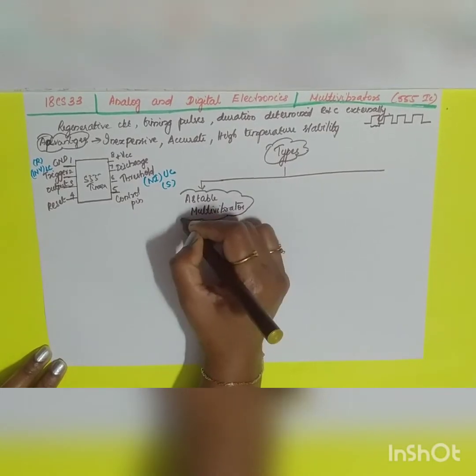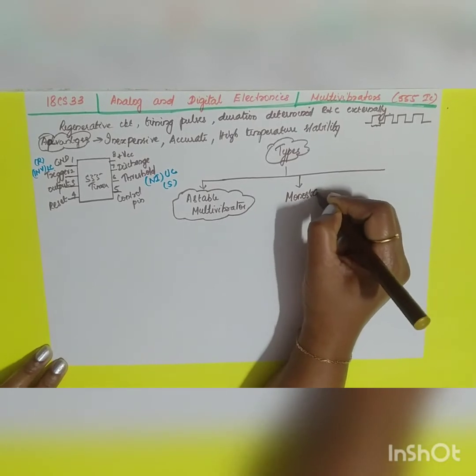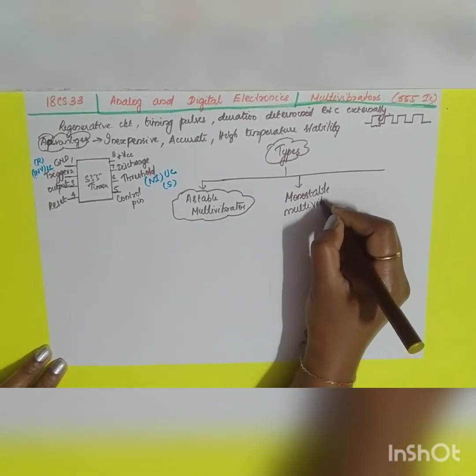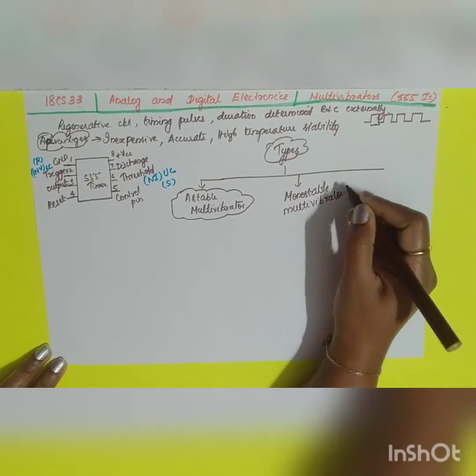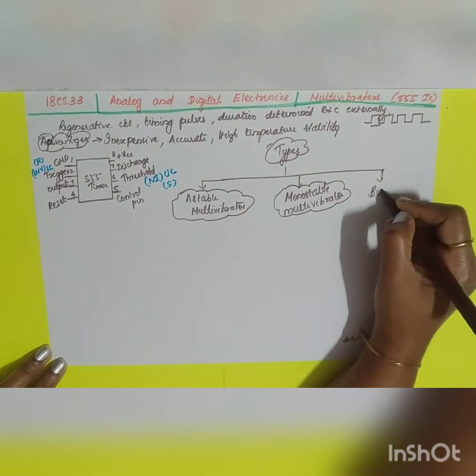The second one is called the monostable multivibrator, and the third one is called the bistable multivibrator. So astable, monostable, and bistable.